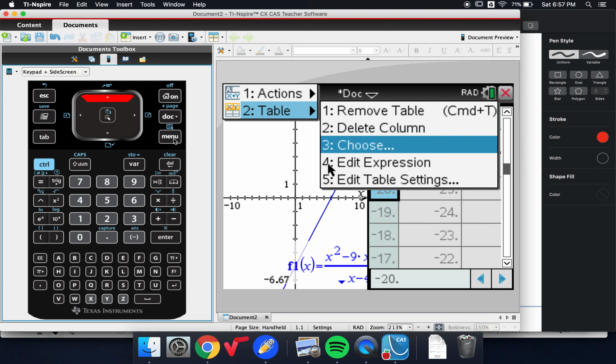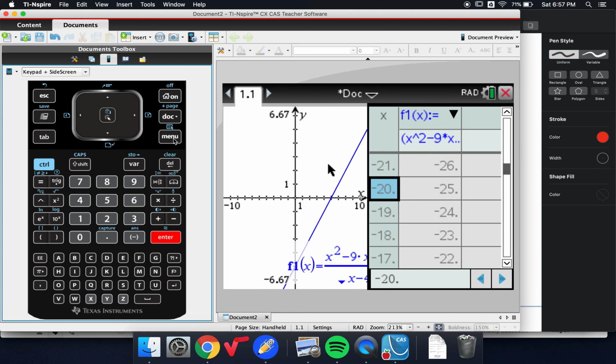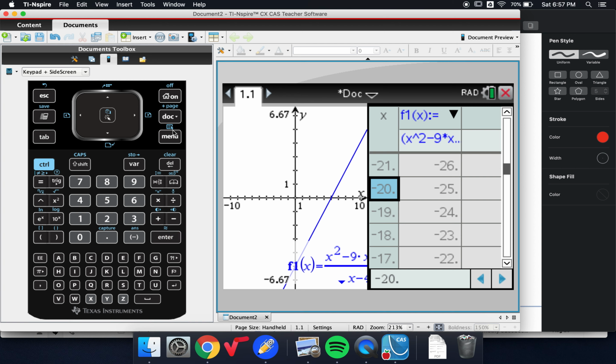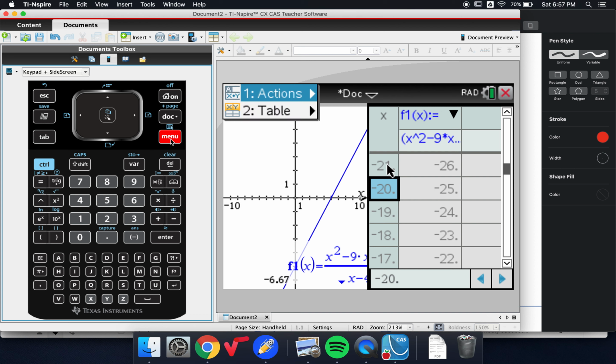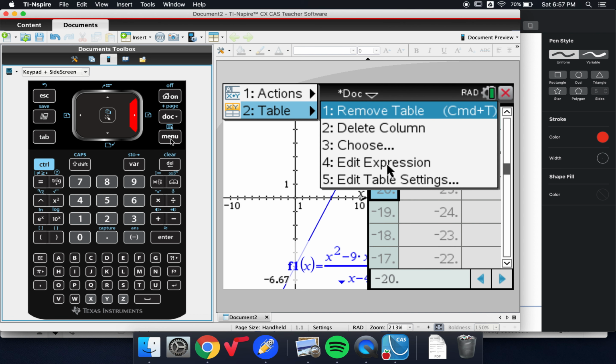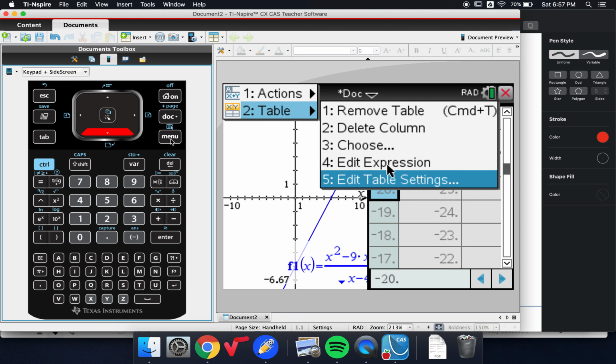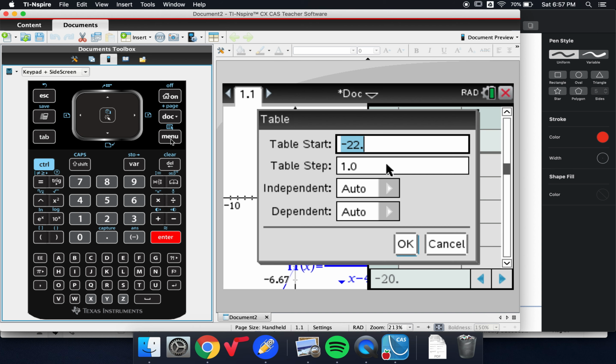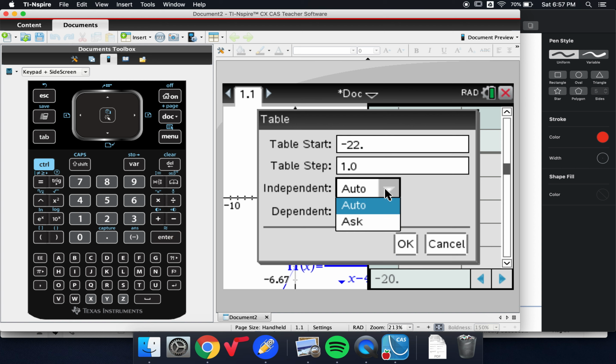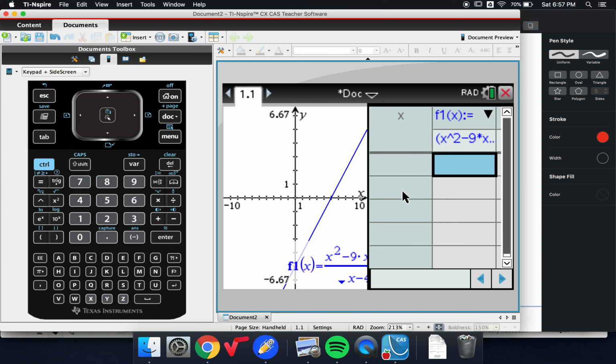Choose. No, that didn't seem to help. Table. Edit table settings. Aha. So I don't want my independent to be auto. I want it to ask me. And now, all right.